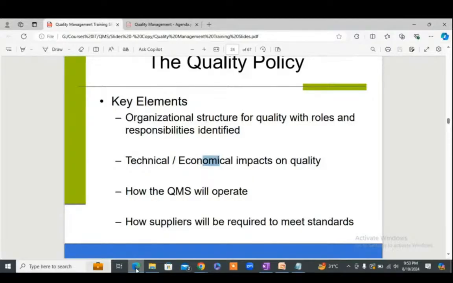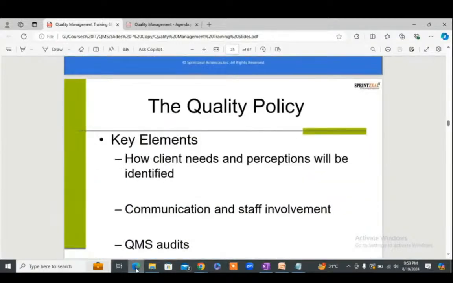This rationale provides a foundation for the QMS framework, ensuring that quality objectives align with organizational goals and stakeholder needs. It's all about background rationale. Got it?